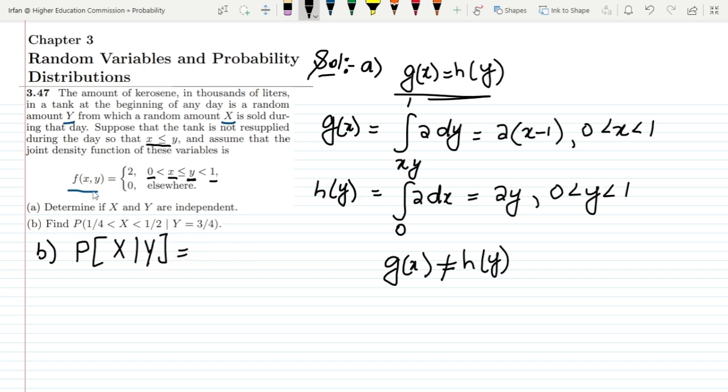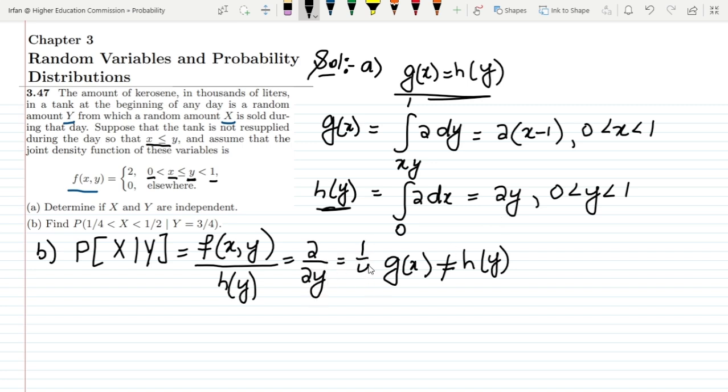It can be very easily found from the conditional probability: f of x y divided by the probability of y, which is basically h of y. Putting their values here, f of x y is 2 and h of y is 2y, so ultimately I will get 1 by y.